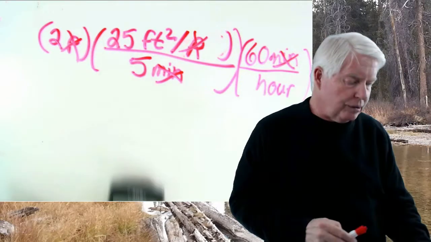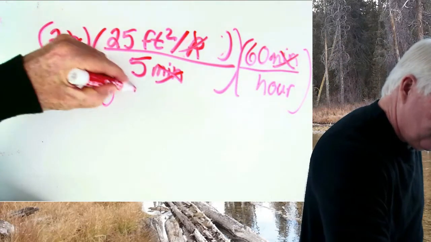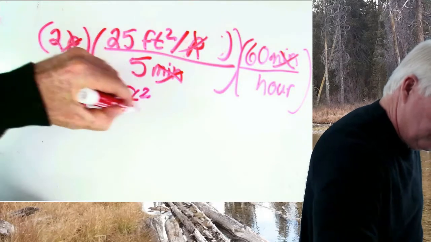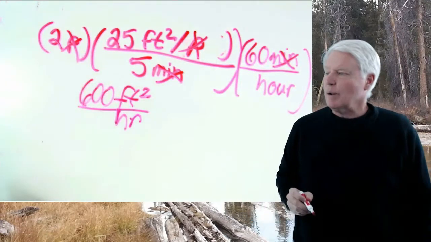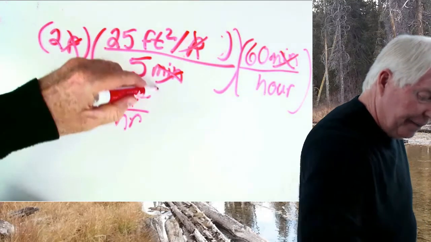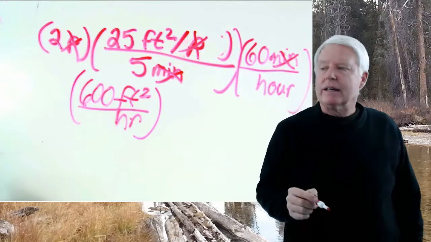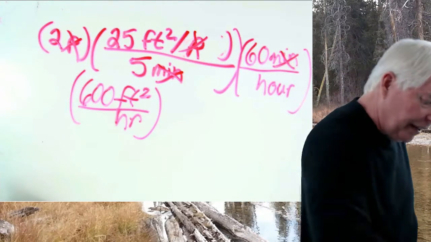So the answer is ultimately going to come down to this, 600 square feet per hour. Now I'm going to convert that to square meters per hour. I've already looked it up, so you'll need to look this up, but I already have, so I didn't have to take up so much time.